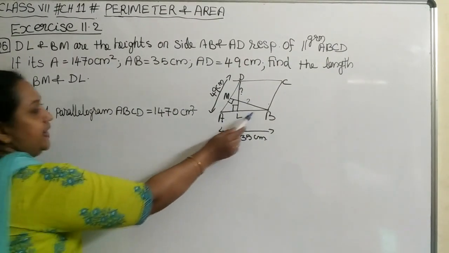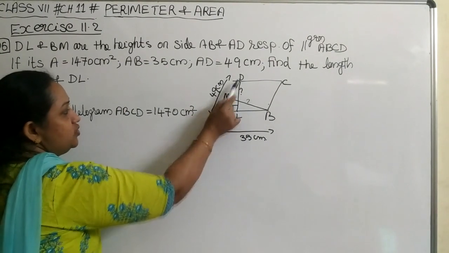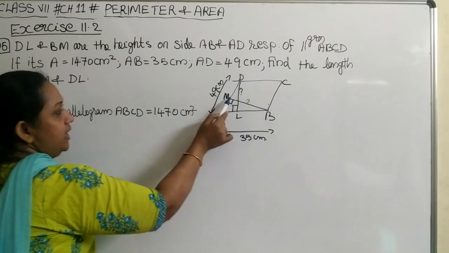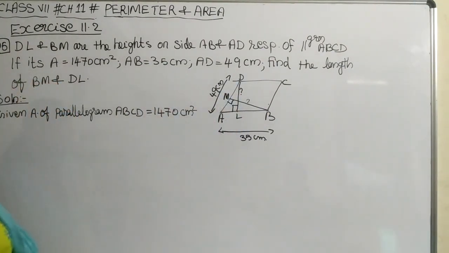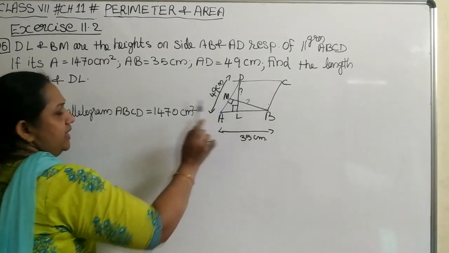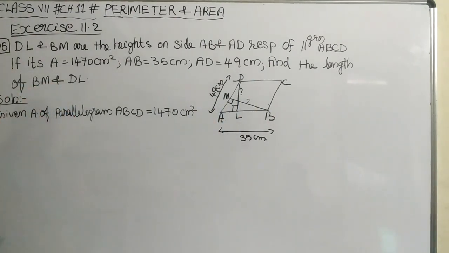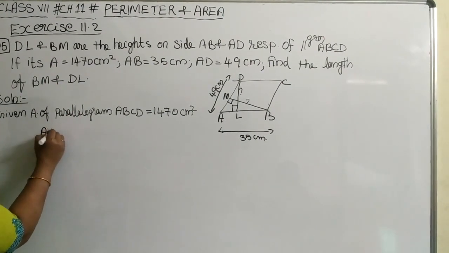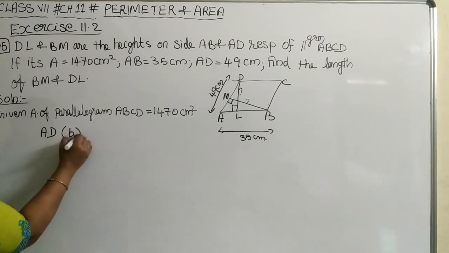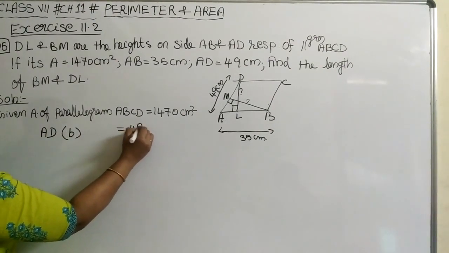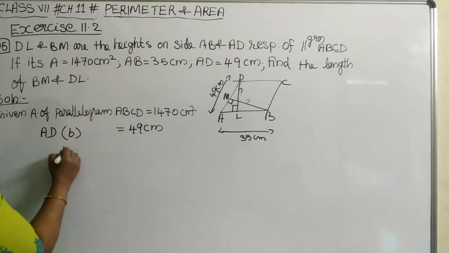Now we can find the perpendicular height towards AD, that is BM we have to find out. For the same parallelogram, the area is the same, 1470 centimeter square, and AD is given, which is the base, that is equal to 49 centimeter.